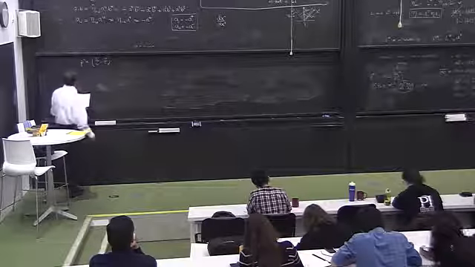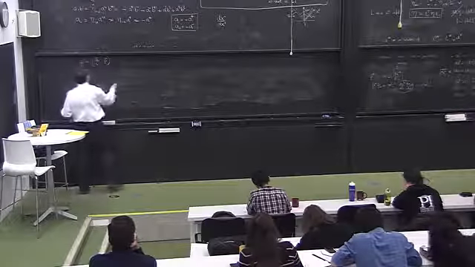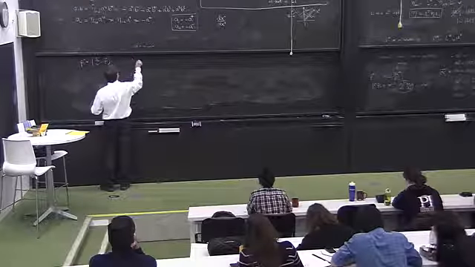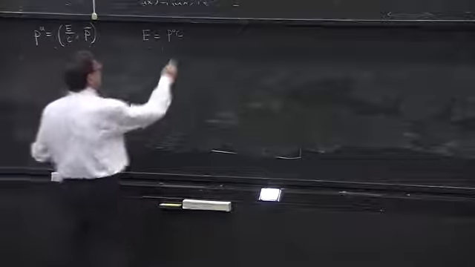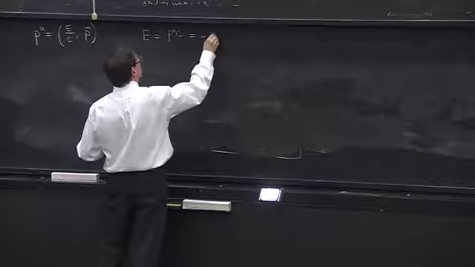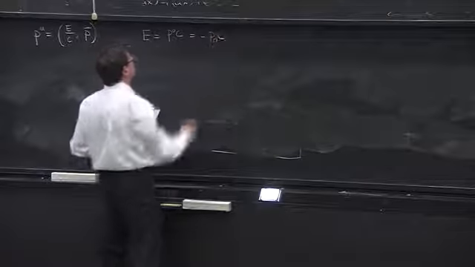So the energy that we usually call the energy is P0 times c, which is minus P0 c.